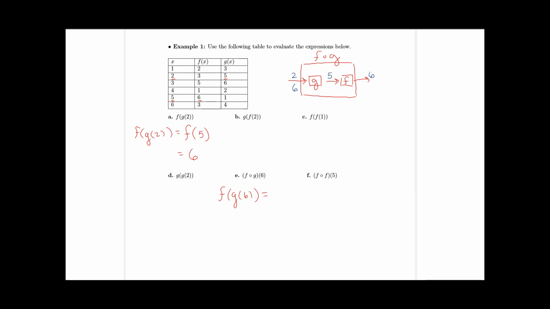Well, 6 gets turned into 4, so out pops 4 right here. So down here I replace g of 6 with 4. But now I'm putting that into the function f. So 4 into f, what does that become? 2. So my answer is 2, and in the diagram, out comes 2. So this diagram might help you.